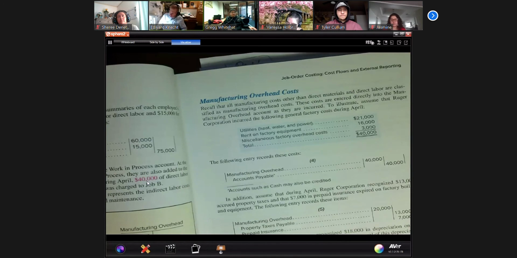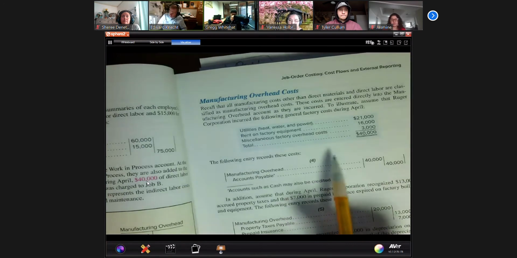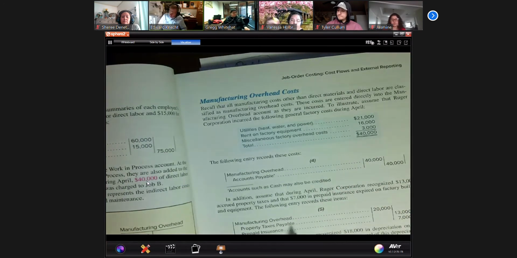And then they had depreciation on the factory equipment. So you see the credits could be all different. Here we used accounts payable. Here we use property taxes payable. That's a liability. Prepaid insurance, we paid it before the time period started.